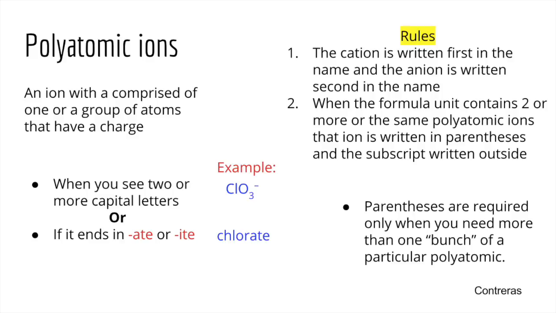When the formula unit contains two or more of the same polyatomic ion, the ion is written in parentheses with the subscript outside. So the parentheses are required only when you need more than one of a particular polyatomic ion.